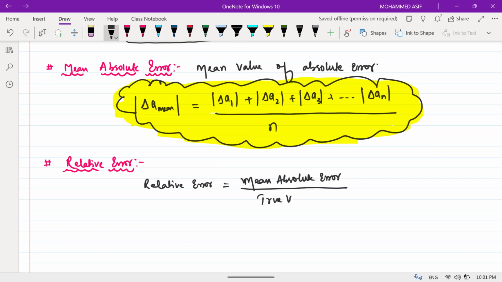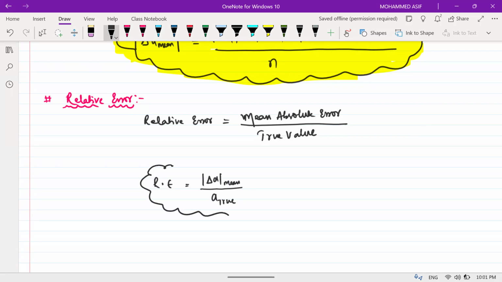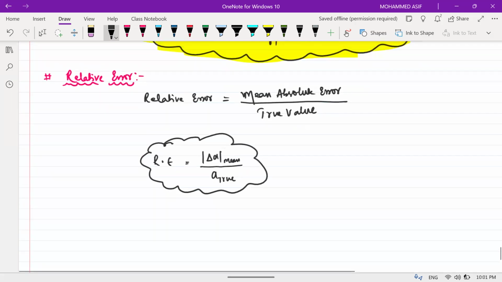So relative error is equal to mod of delta A mean divided by A true value. That is your relative error. Am I clear about the relative error?